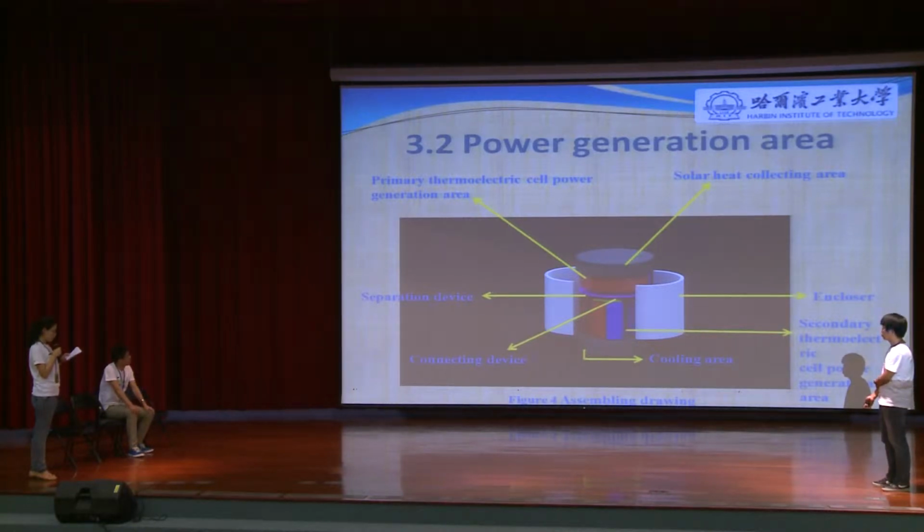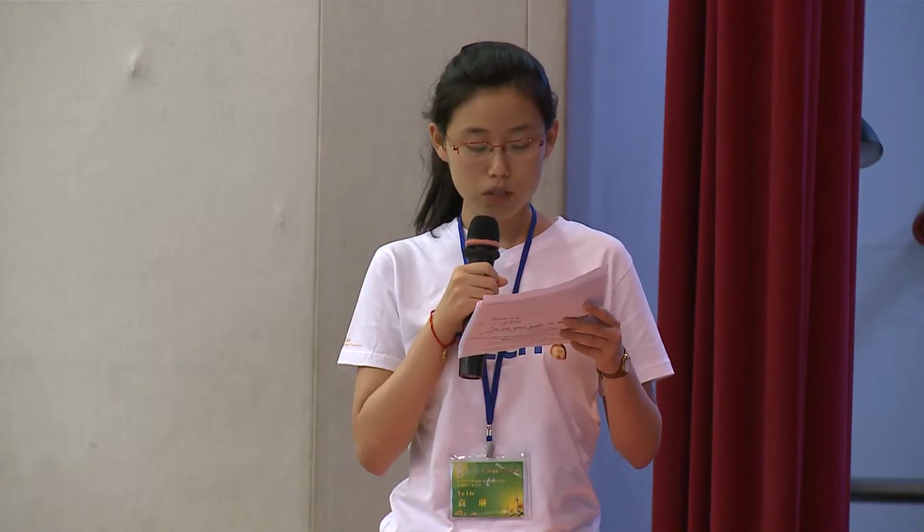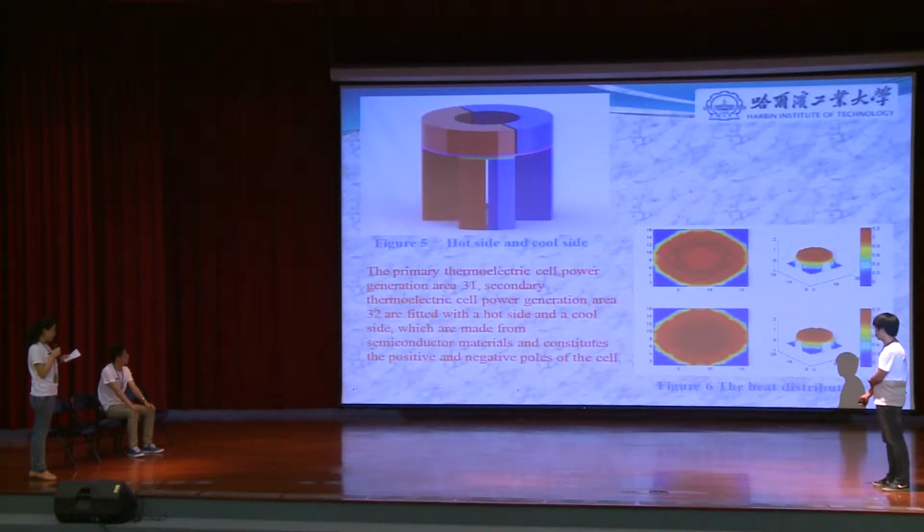With the help of these 2 parts, the whole device forms a return circuit. At the same time, the cooling area keeps the bottom of our device at a low temperature, so we can form a temperature difference, and this temperature difference will provide electricity.